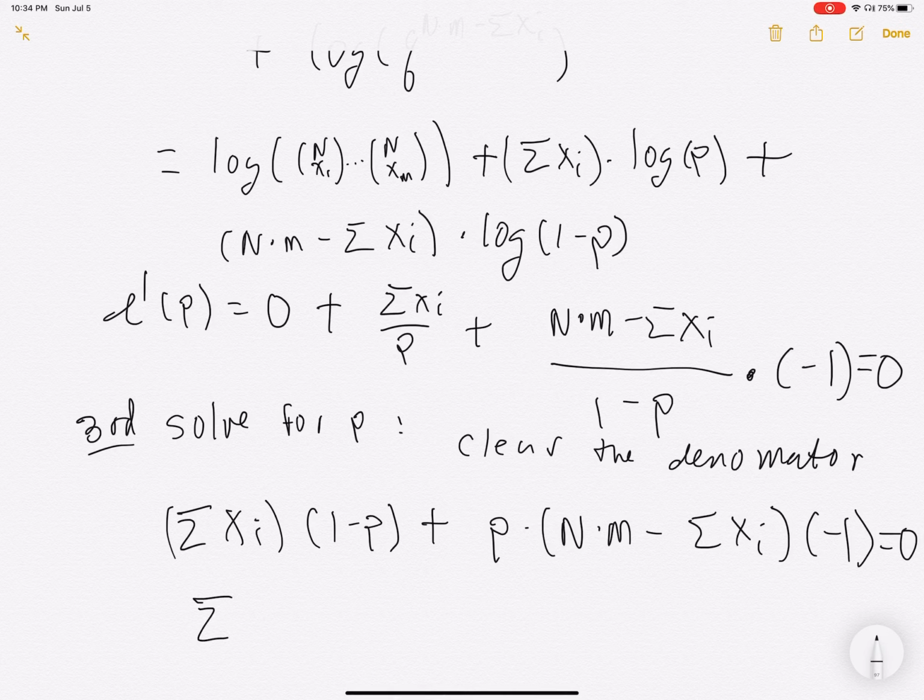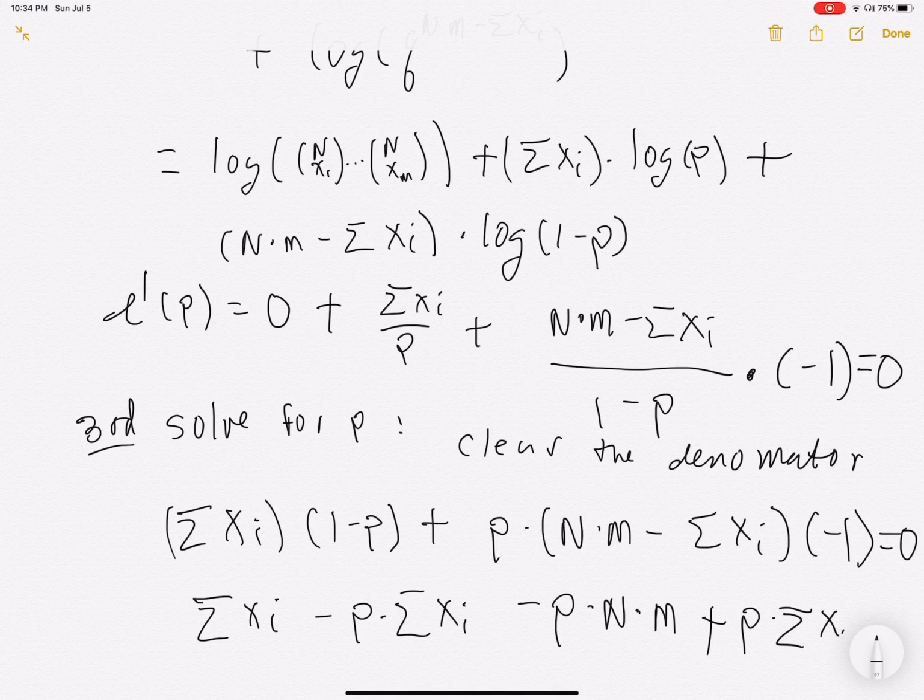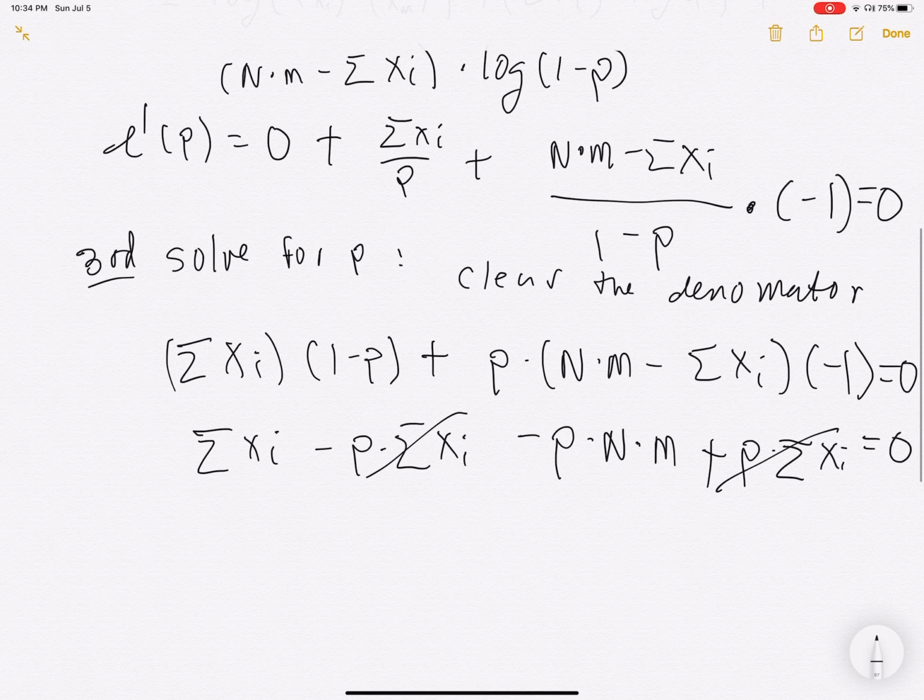So we'll have summation of x sub i minus p times the summation of x sub i minus p times n times m plus p times summation of x sub i equals 0. Now I get to cancel that term and that term. And I'm going to have that summation of x sub i is equal to p times n times m.